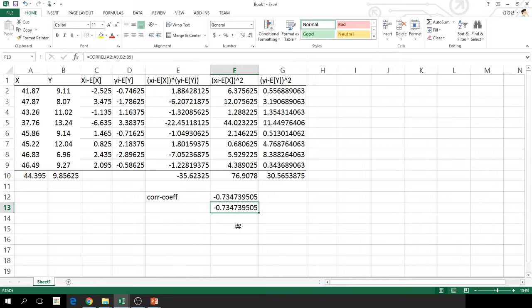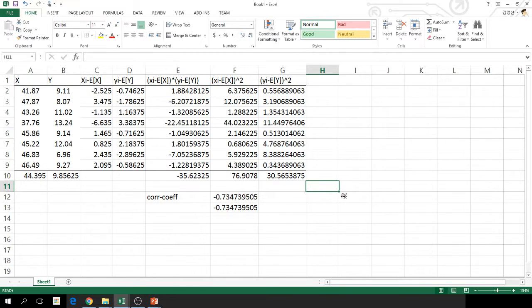Then we have the same result as we did in here. So we can use these functions already implemented in Excel, or we can use this method, this table.